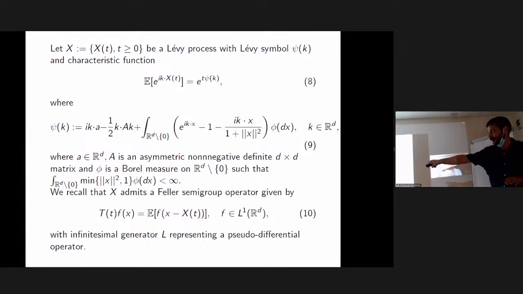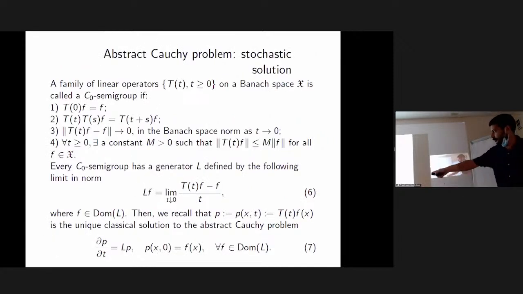That is this representation. Okay, so if I want a stochastic representation for the solution of an abstract Cauchy problem in the well-known classic theory, I go back here to equation 7.